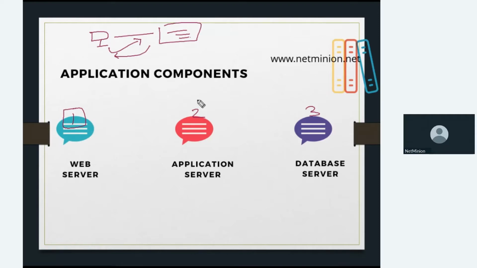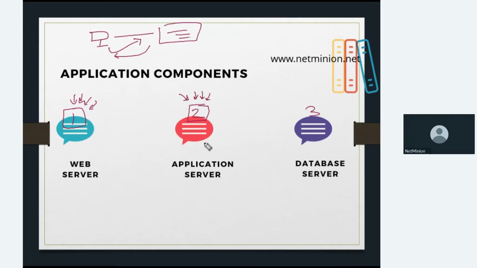Then second is the application server. When the application server comes into the picture, we are talking about the business logic. If there is some kind of dynamic content which needs to be generated, like your Facebook has different profiles. Static page means one page for everybody, right? Like your banking has different account numbers, right?